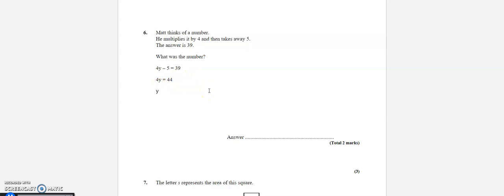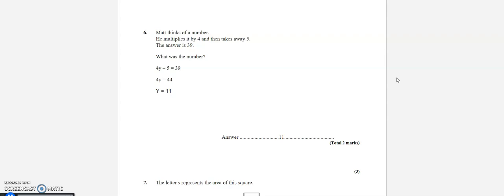And then we can say, well, y is 4 times smaller. So we've divided by 4 here. So we'd have to do the same to this side. So 44 divided by 4 gives us 11. And that will give us our answer. That's one method of doing it, is using the expression. And just being able to tease that information out.